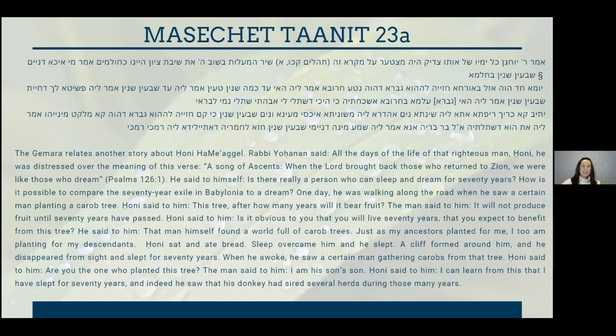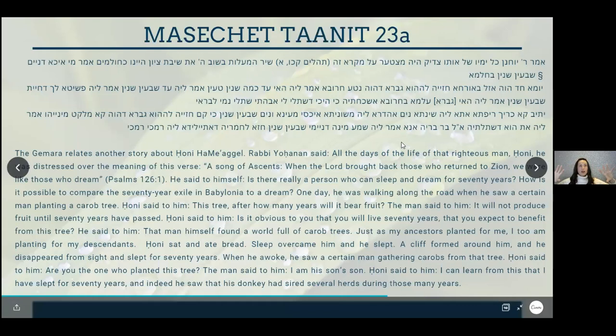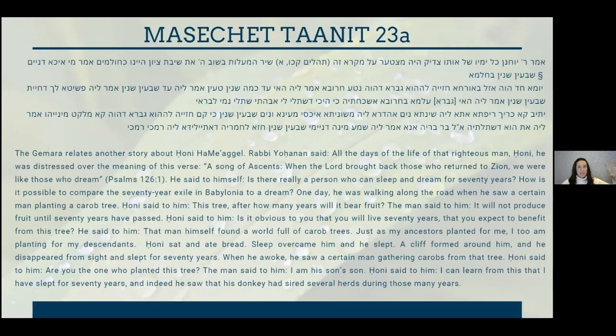There's an element of trust that I might not see the produce today, but if I'm doing this with emunah, with conviction, if I'm planting with belief and with hope, then I know that I'm seeding something for the future. And these three elements, the potential, the activation of potential, and hope for the future, are magnificently born out of this metaphor between man and tree.